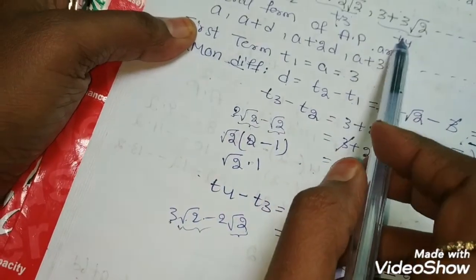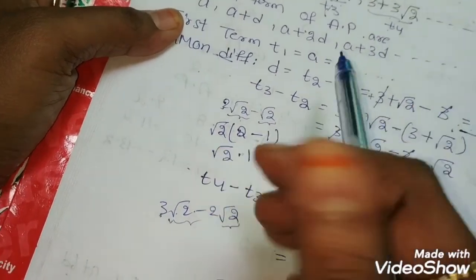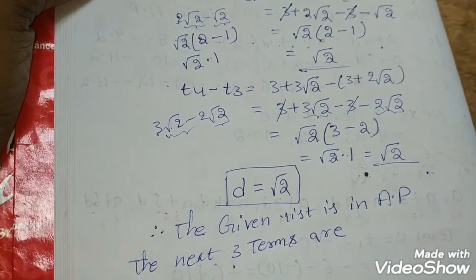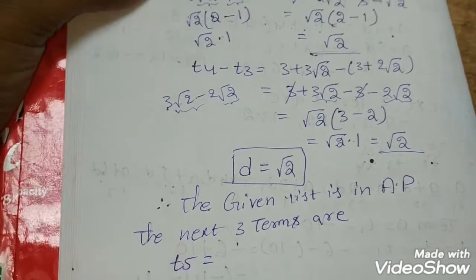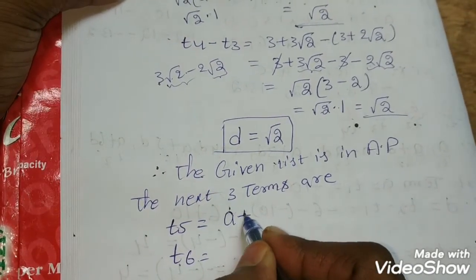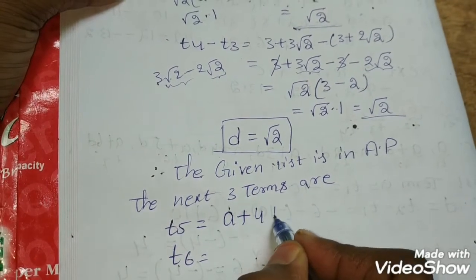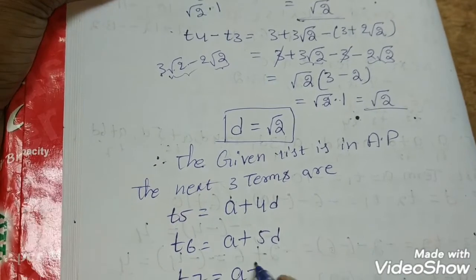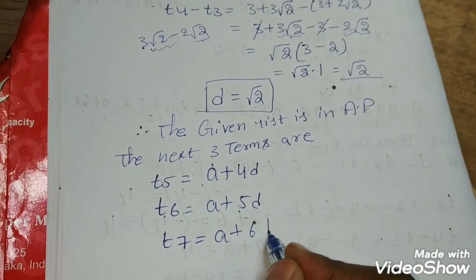After the given term 4, we need to find term 5, term 6, term 7. What is the formula? A plus the preceding number, that is, a plus 4d, a plus 5d, a plus 6d.